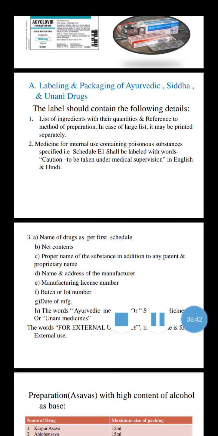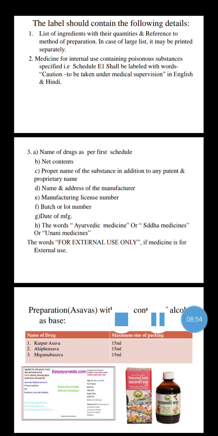Write the name of the drug as per the first schedule, net content, proper name, name and address of the manufacturer, manufacturing license number, batch number or lot number, date of manufacturing, and the words Ayurvedic medicine or Siddha medicine will be written, Unani medicine will be written. For external use you write for external use this formulation.